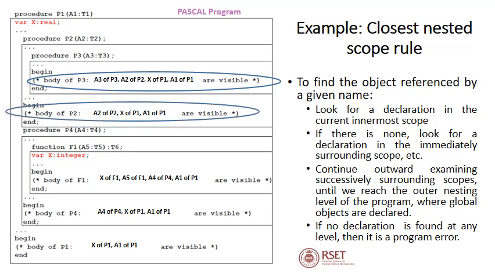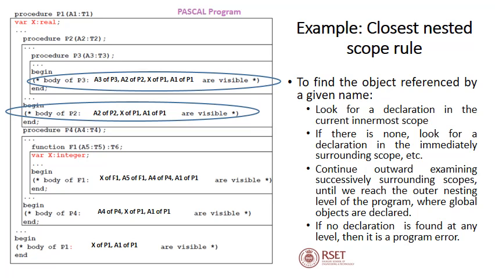If you come out of P3 to the body of function P2, A3 is no longer visible in P2. That is, the argument of the inner subroutine P3 is not visible in the outer subroutine P2, and there we can only see A2, A1 and X.